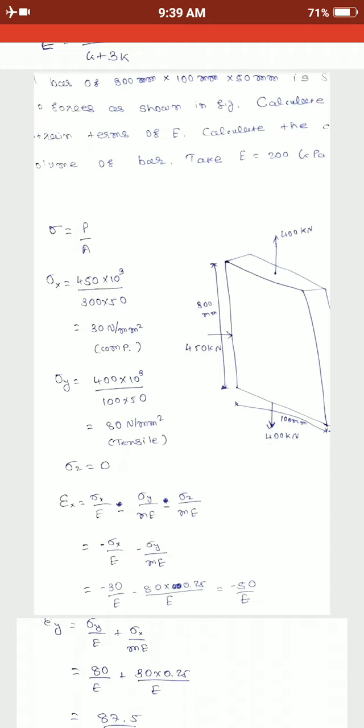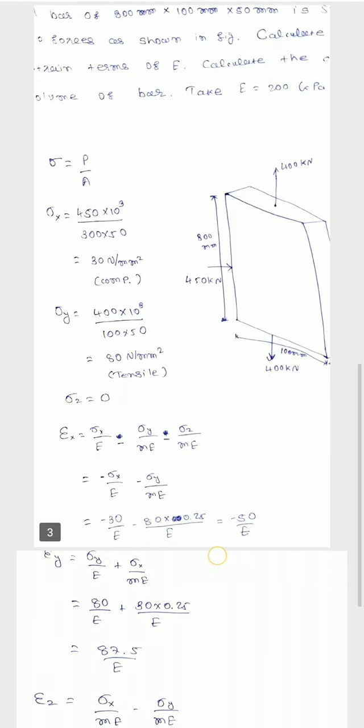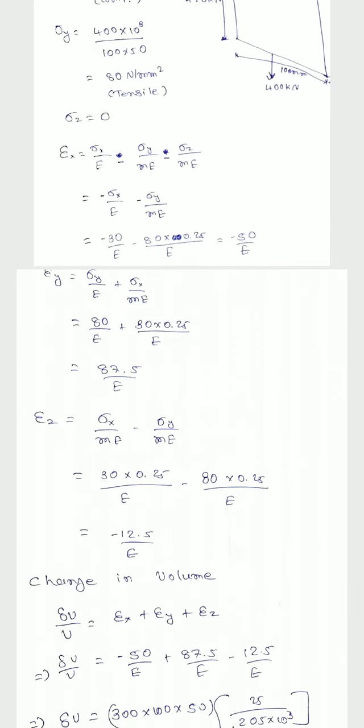Now we put sigma x, it is 30 upon E, and sigma y is 80 and 1 upon m, the Poisson ratio given, is 0.25 upon E. So we get epsilon x is equal to minus 50 upon E. In the same way we can calculate epsilon y: sigma y upon E minus sigma x upon mE minus sigma z upon mE. And for epsilon z, we can calculate this as well.